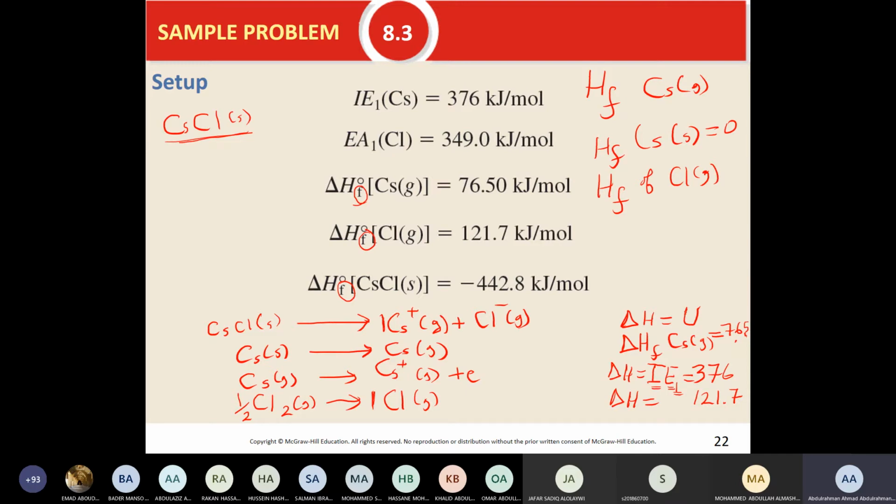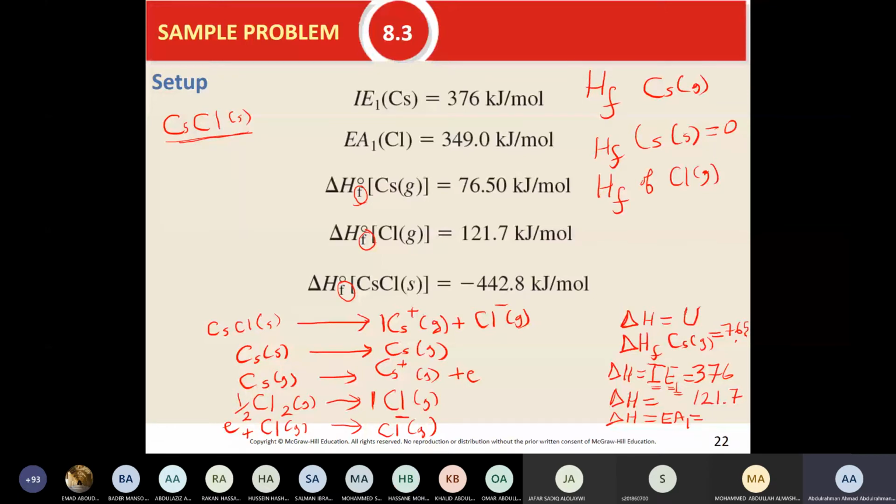Okay, next, if I take Cl gas and add an electron to make Cl minus gas, what's this energy called? EA. What's EA1, what's the meaning?